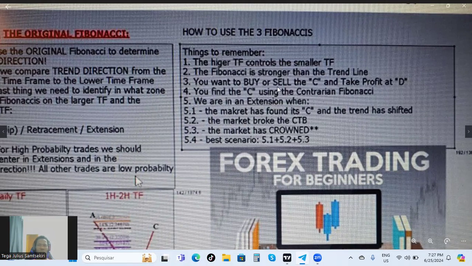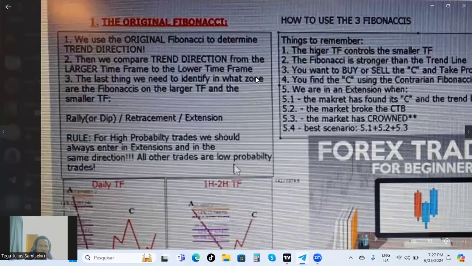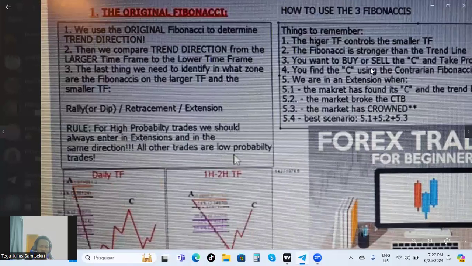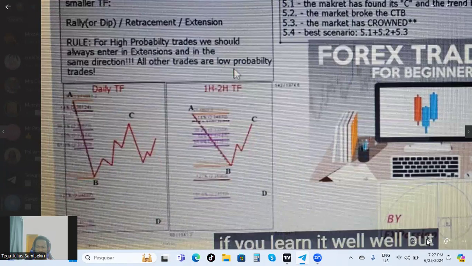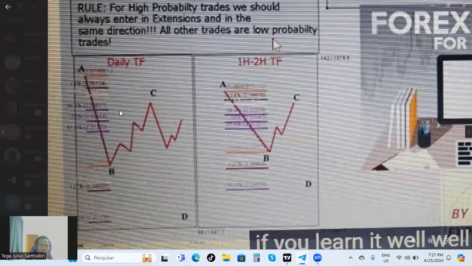You want to buy or sell at the C and take profit at the D extension. This is for strategy. As you can see here on the picture, this is the A, B, C, and the extension D. So it's an extension, a retracement, and another extension.